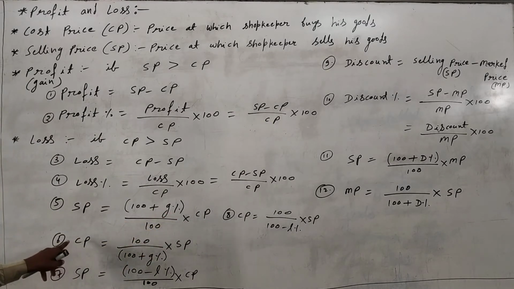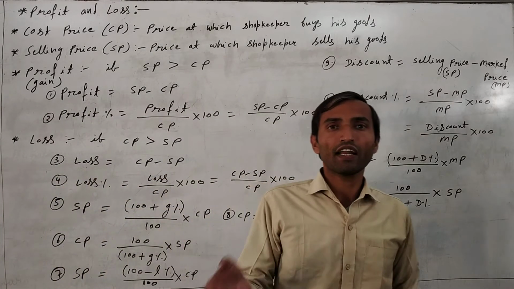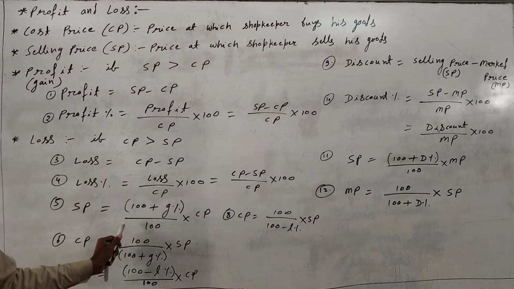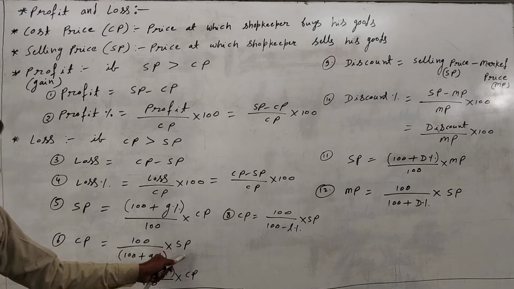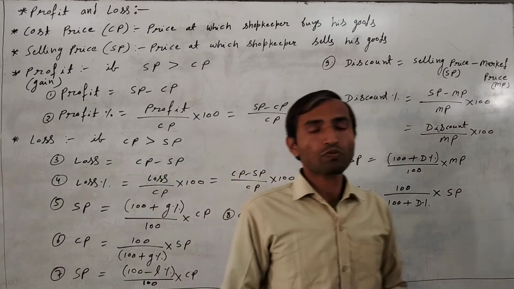Now in the 6th formula, sometimes gain percent and SP are given and we have to find CP. In that case CP equals 100 upon 100 plus gain percent into SP.